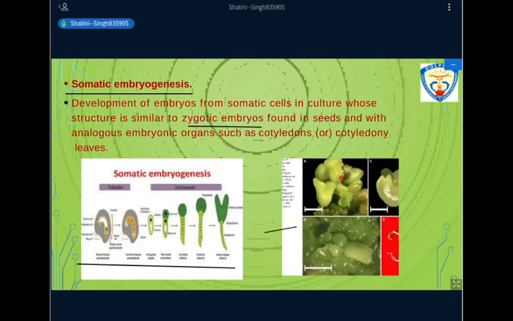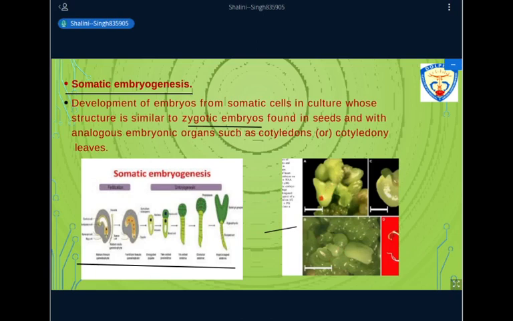And here, when you develop these somatic embryos in lab, they look like this. These are the somatic embryos which have been developed from the callus. And they are exactly similar to the zygotic embryos. Like this is a globular structure, you can see the globular shape, and this is heart shape, you can see the heart shape here.